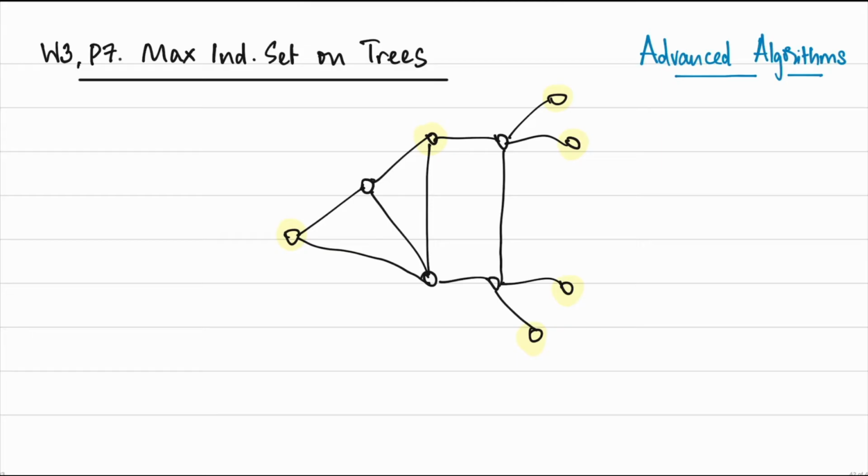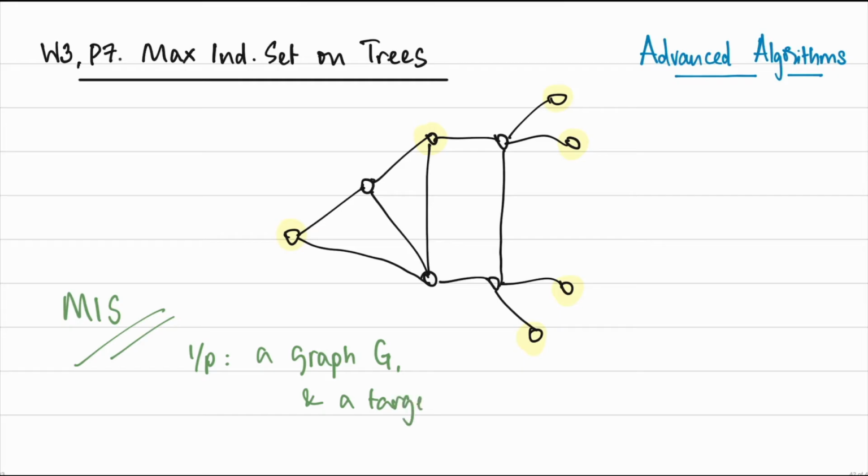But the computational problem that's associated with the concept of an independent set is what's called the maximum independent set problem, where the input is a graph G and a target K, and the output is yes if G has an independent set of size at least K. And of course, it's understood to be no otherwise.